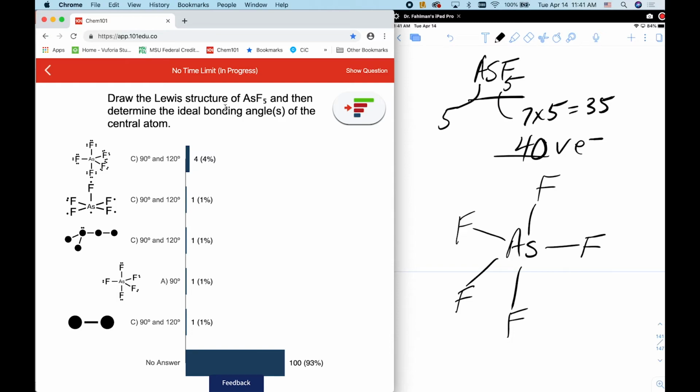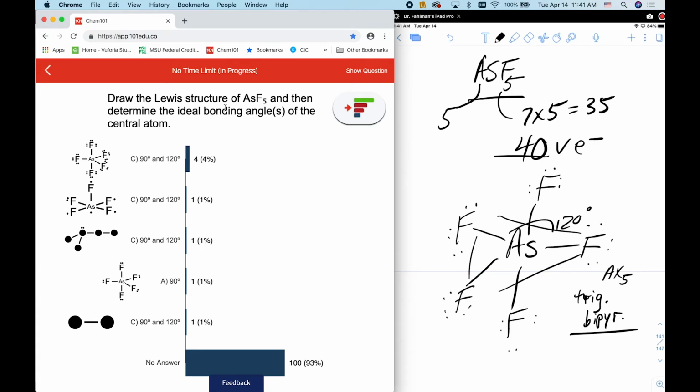We've now placed 10, 16, up to 40. So no lone pairs in the center. In this case, AX5 is trigonal bipyramidal. And our angles here are going to be 120 on that plane and 90 on that plane. So 90 and 120.